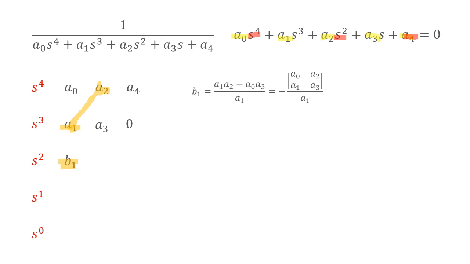So as you can see, I have written here for b1: a1 into a2 minus a0 into a3, divided by a1. And in other terms, you can write it as minus of the determinant of this one. Let me just erase it and tell you what determinant you have to take.